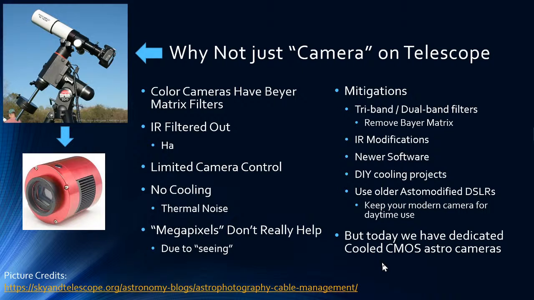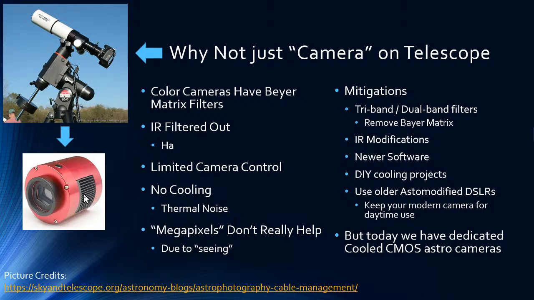But then the big reason why not to do that is today, now we have cooled CMOS astro cameras. So people have taken these same CMOS sensors that were designed for DSLRs, and they're buying them without the Bayer matrix manufactured in place, or with it in the case of one-shot color, but for deep space, for me, monochrome cameras, and they make them into these cooled astro cameras.